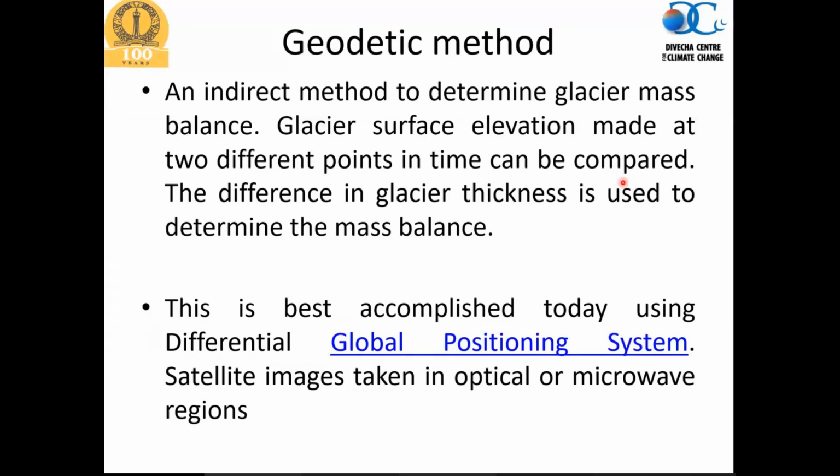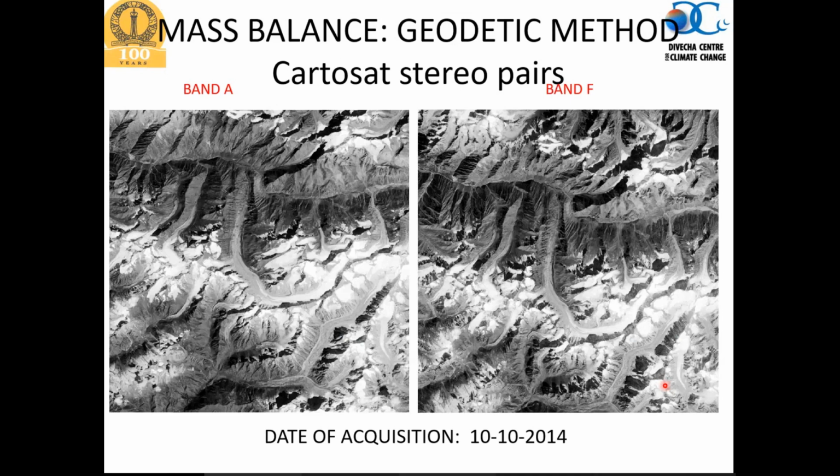After a couple of years or a few years, you again develop the DEM, and by differencing the DEMs you get the glacial change in thickness, multiply by density, and you get the mass loss. This can best be accomplished by differential GPS systems, or by satellites in the optical or microwave region.